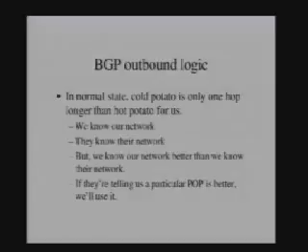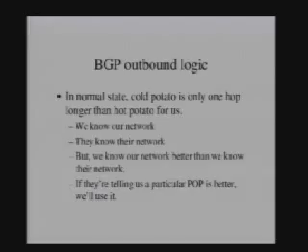And it works well because in normal state, cold potato, sending it straight out to them, or sending it through a preferred MED value, is only 1 hop longer than hot potato, sending it straight out the local city. And the assumption is we know our network. We know we've done very careful IGP metric design. It's working for us. We know that we've chosen good backbone networks.